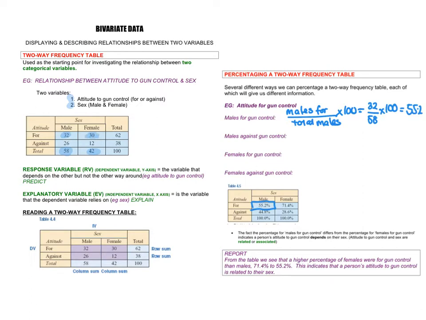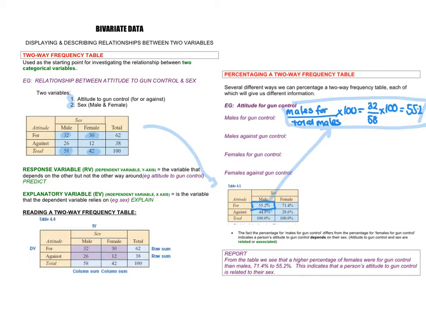So we can then change them into percentage frequencies. If you have a look, we've changed them to a percentage. They've taken 32 men out of 58 and times it by 100, and that's how they found this 55.2%.